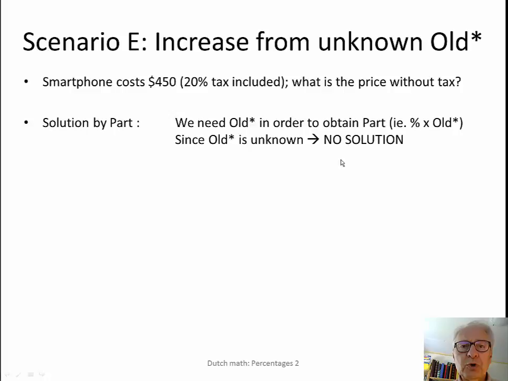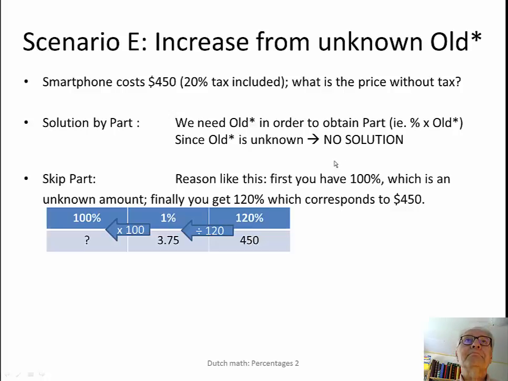So there is no solution by using the parts method. You can use the proportionality table, and then you say I start with 100%, which is unknown, and I finish with 120%, which is known.